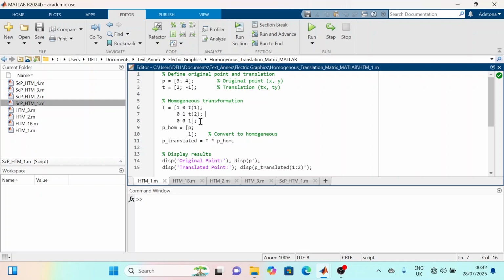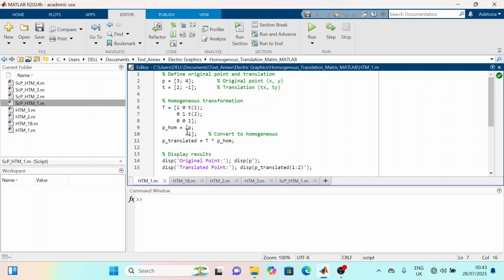And for us now to be able to translate point P using translational vector, we need to work on point P so that it has to contain 3 rows, so as to be able to have 3 by 1 matrix or 3 by 1 vector.